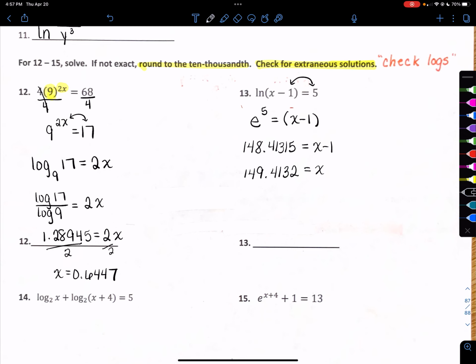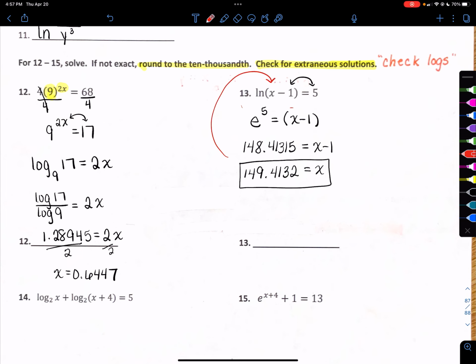Now, it says solve these, and then I'm going to ask that you tell me whether the solution is a solution or extraneous. So when it's log, you need to be able to plug that one in. We're going to take it and put it back into the argument.